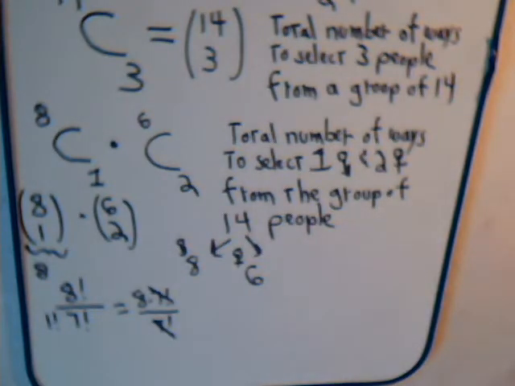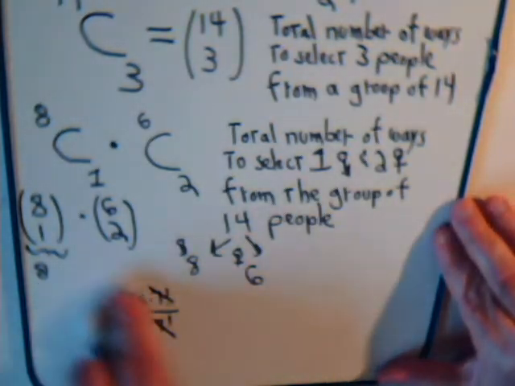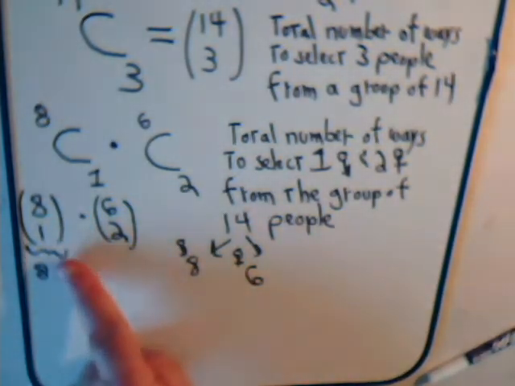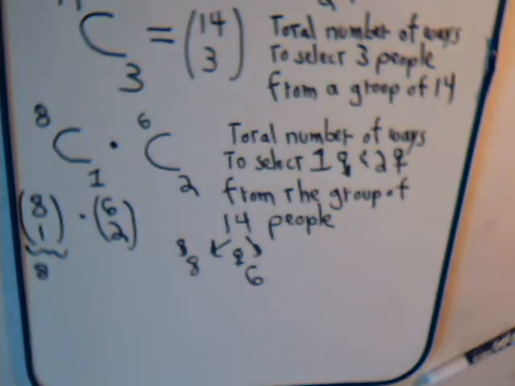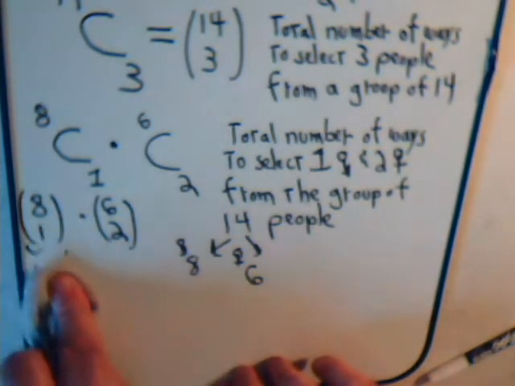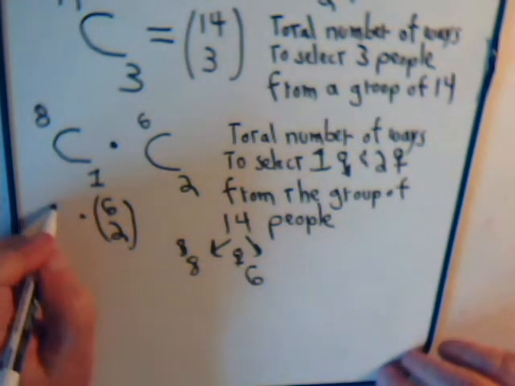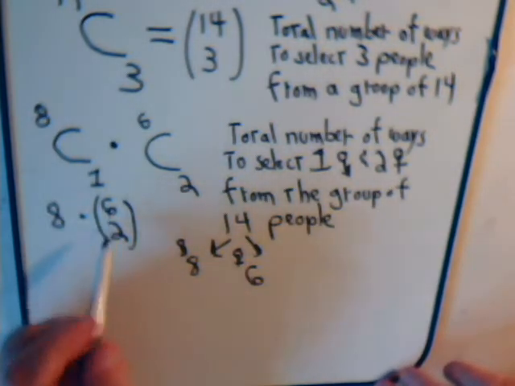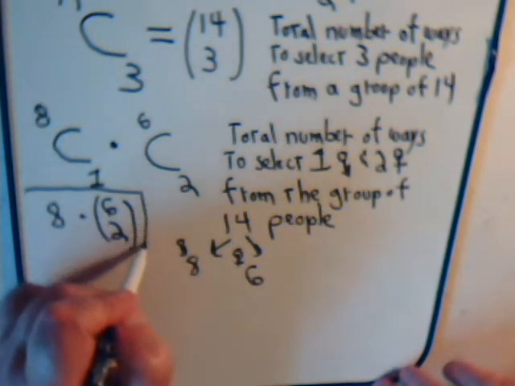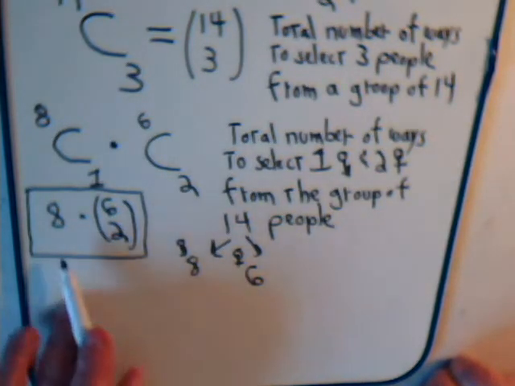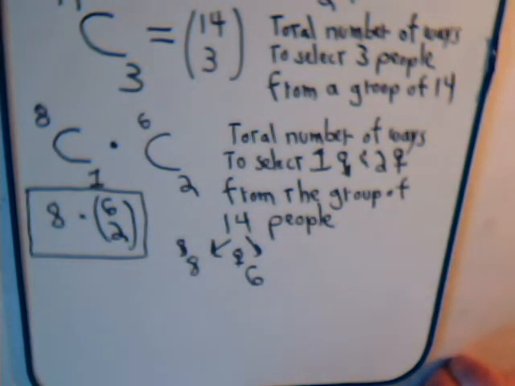Now, let's make some room so we don't get things too confusing. This binomial coefficient is just 8, so we're going to replace that with the number 8, times this binomial coefficient, which is the total number of ways to select 2 females from the group.